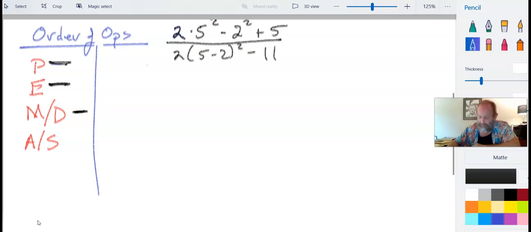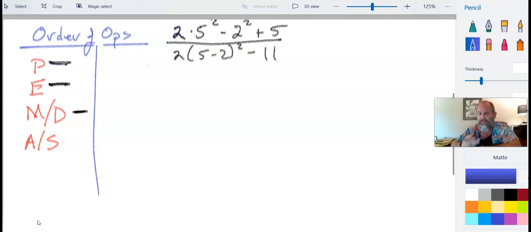Okay, so the strategy I always take when I walk through these is to consider this two different problems. I have something to simplify in the numerator, and I have something to simplify in the denominator. I can take one step in the numerator and the denominator at the same time.